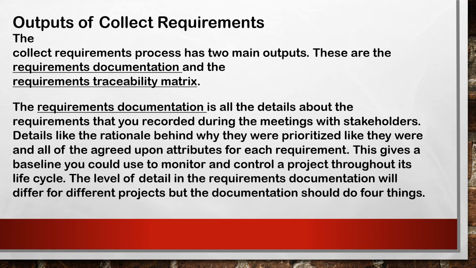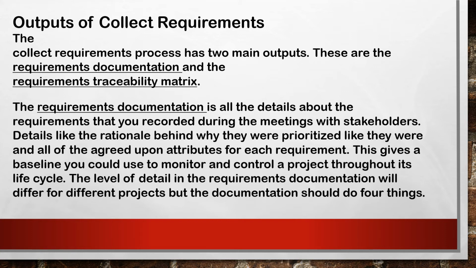Output of the collect requirements process. The collect requirements process has two main outputs. These are the requirements documentation and the requirements traceability matrix. The requirements documentation is all about details of the requirements you want to record during the meeting with stakeholders.